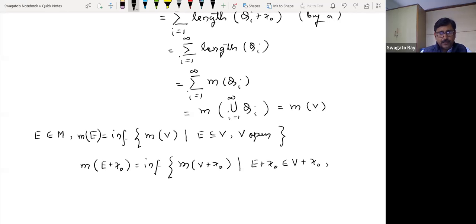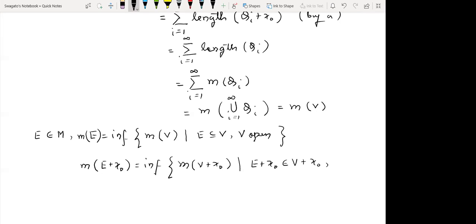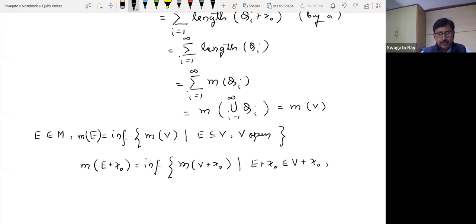If V is open, is V plus X naught open? Yes, because translating by X naught is a homeomorphism of the real line. And conversely, if V plus X naught is open, then so is V by subtracting X naught. Now, I already know the measure of V plus X naught is the measure of V. In the previous step, I have proved it. So it is the infimum of the measure of V, V a subset of E, V open.